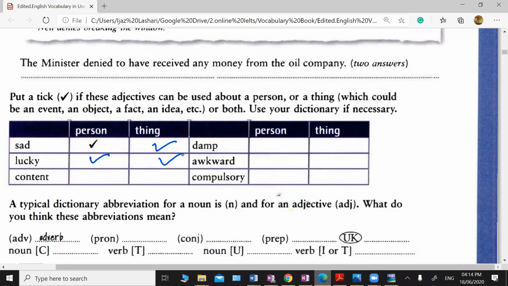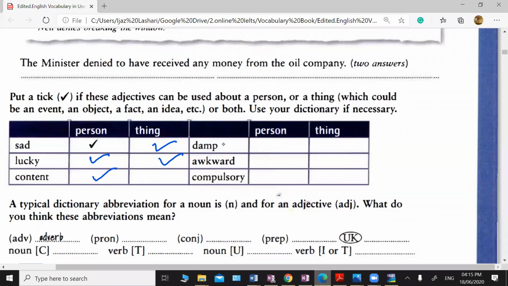Okay, so it can be for person. Okay, next one is damp. For person, content, yes, for person, the word is used that way.